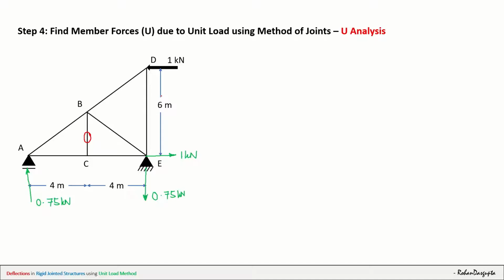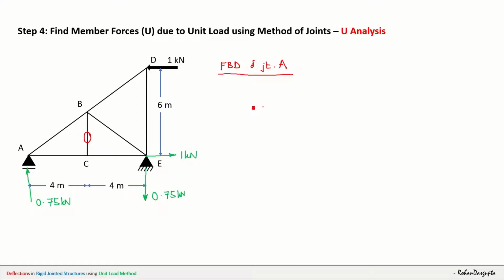Okay, so let us start by taking the FBD of different joints where two members with unknown forces are meeting and start finding out. Okay, so let me take FBD of joint A. First, let me draw the joint A as a circle here.